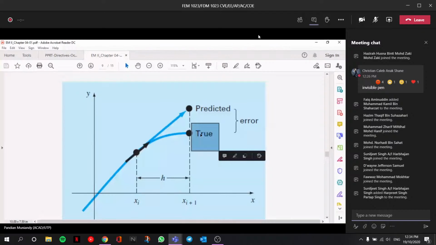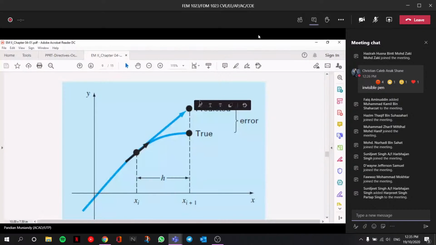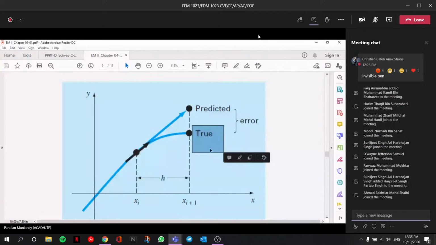So the true value is actually the output, the graph of y with respect to x. The true value at this point, x(i+1), is different from the predicted value. The predicted value is coming from the numerical method. You can write down: true value coming from analytical method.